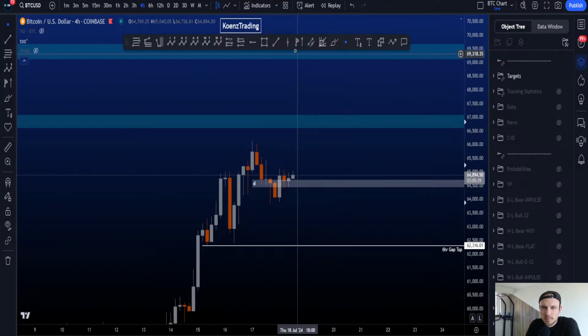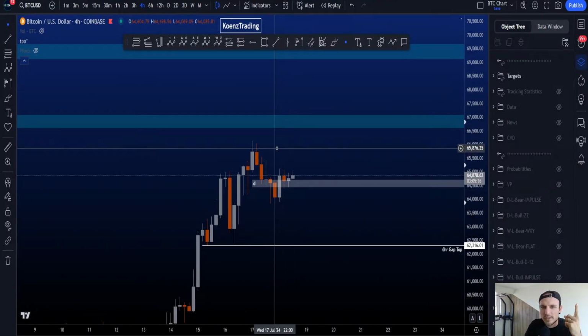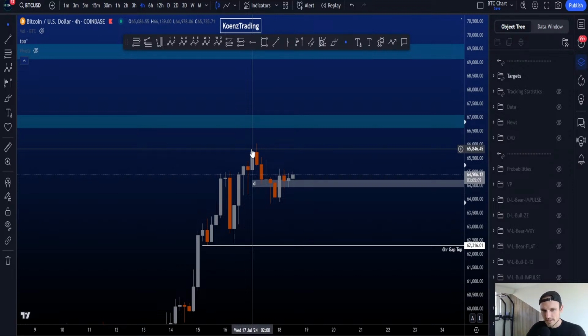Please pay attention to your hours. When does your day start? If you look at the bottom of my chart, you can see that my trading day starts at 2 a.m., which is not 12. It's not midnight. My trading day starts at 2. So for other time zones, it should probably be another time, maybe 10 p.m., midnight, or 3 a.m.